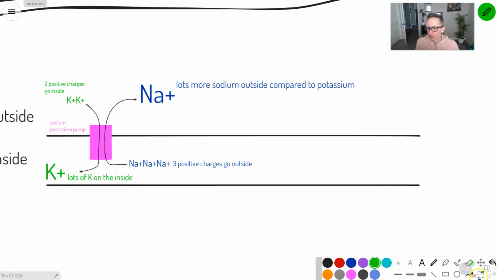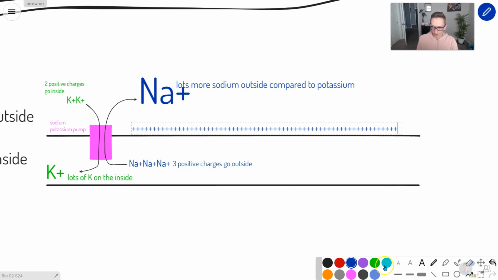That means this is going to be more positive compared to this. So the outside of the membrane is going to be positively charged, and the inside of the membrane is going to be negatively charged.